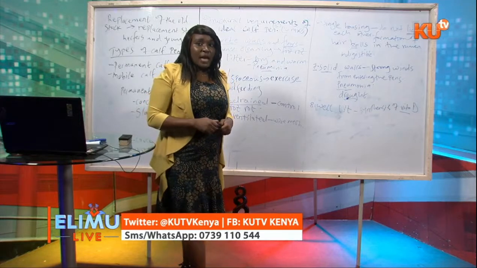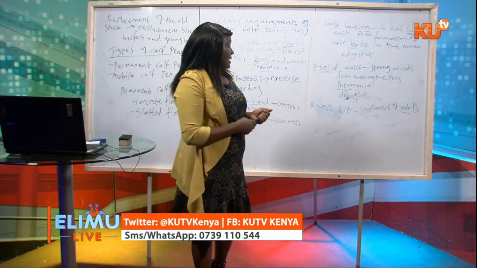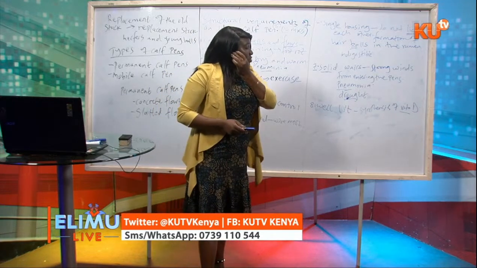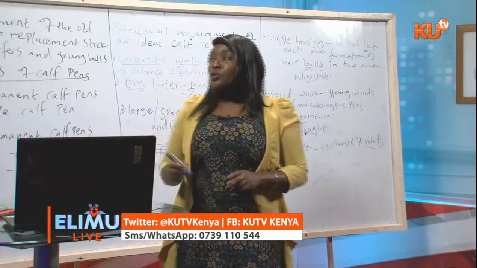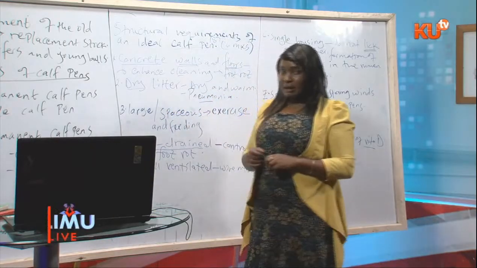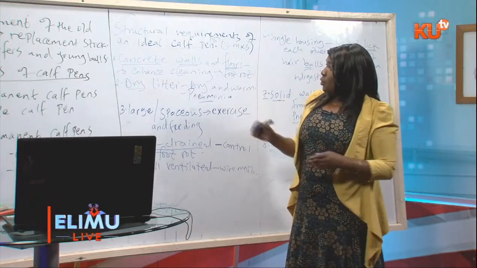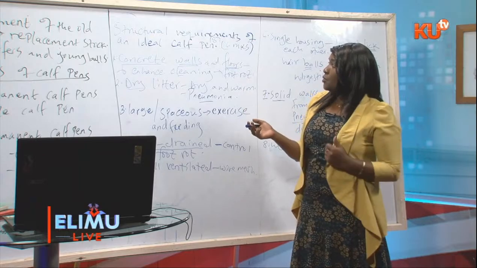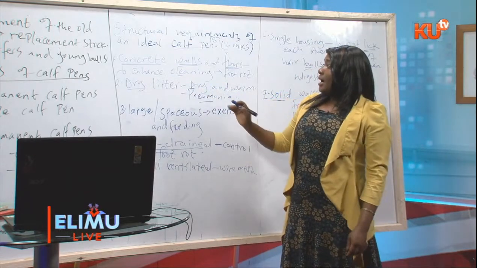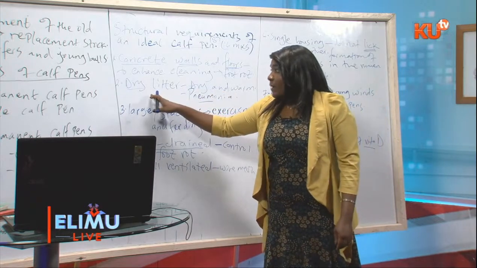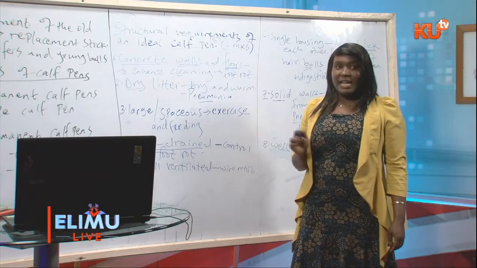I would also like to challenge you, during this period of COVID-19, to try to construct a simple calf pen, putting all these factors into consideration. Even if you cannot come up with a concrete one, try to see what you can do to ensure that the calf pen is easy to clean, and that it is dry and warm, of course by putting dry litter.